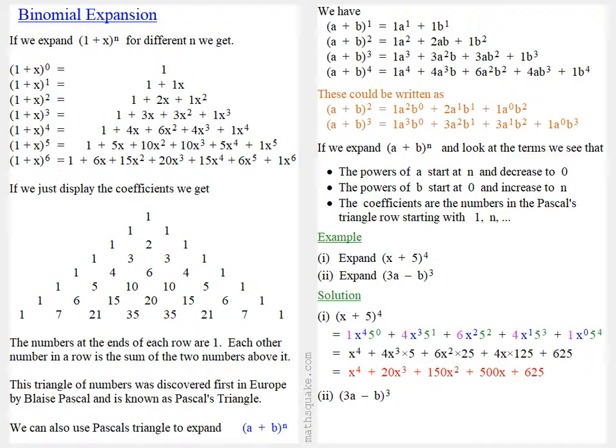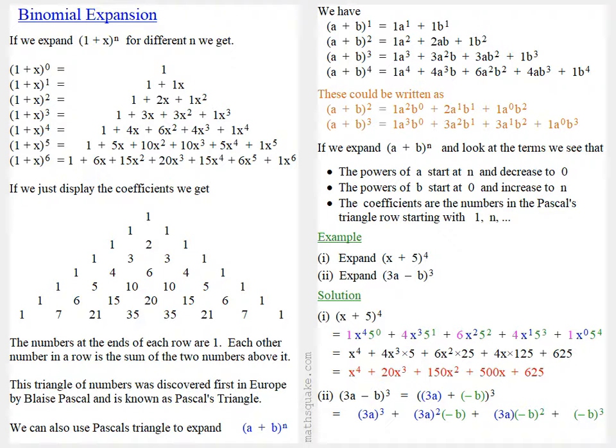In example 2, we want to expand 3a minus b cubed. Well, if we put some brackets in it, this is 3a plus minus b all cubed. So, if we first of all look at the terms and then put in the coefficients, we've got 3a to the 3, then 3a to the 2 times minus b to the 1, then 3a to the 1 times minus b to the 2, and then minus b to the 3.